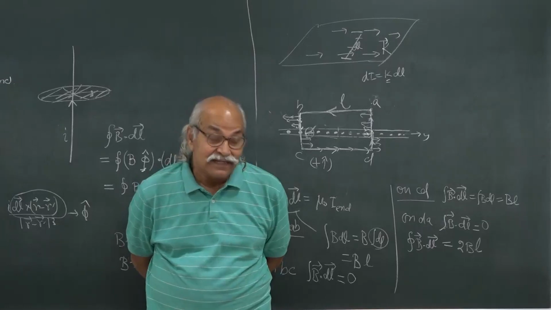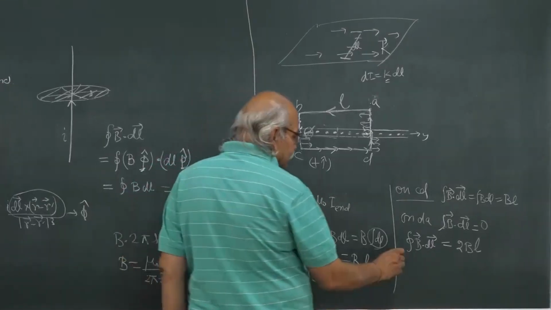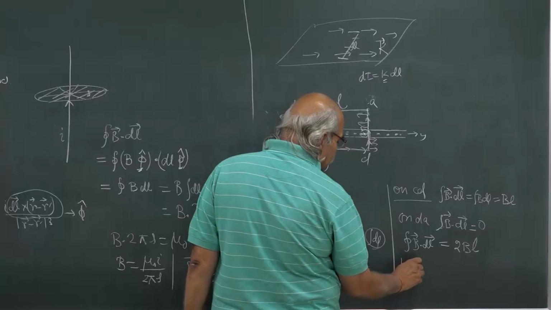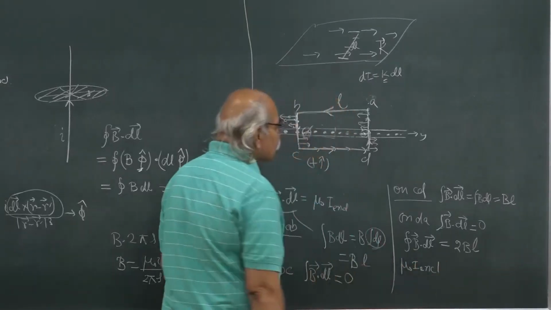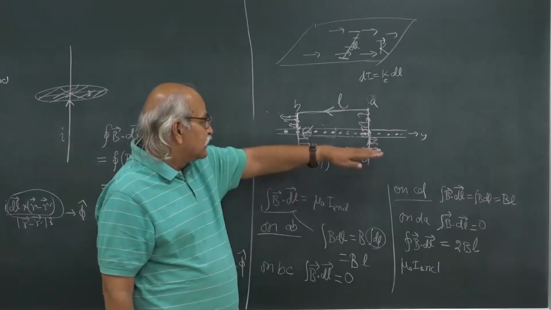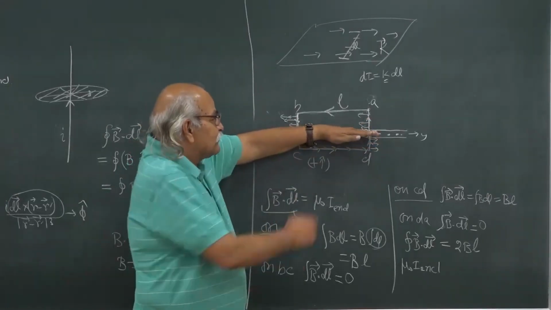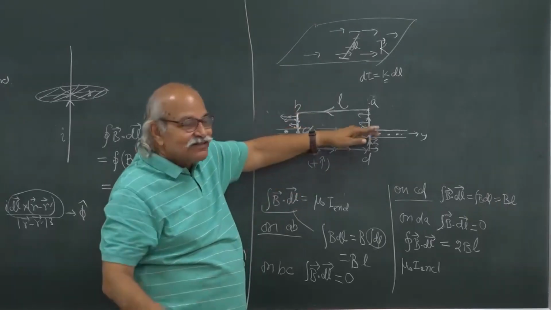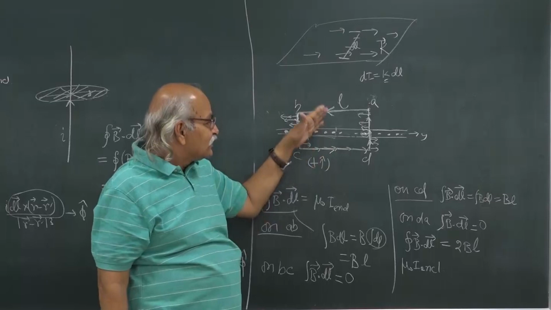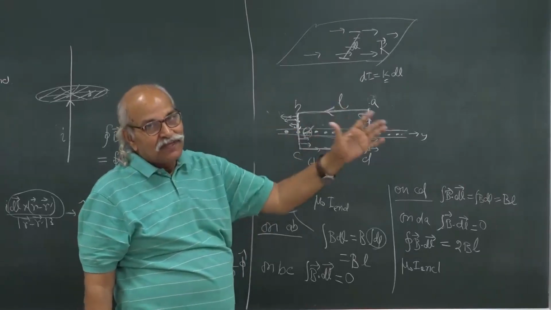What is the right hand side? Right hand side is mu naught times I enclosed. So, what is that I enclosed? Here is the loop, and remember the current is coming this way from behind the board, and all these dots show that the current is coming out of the board.